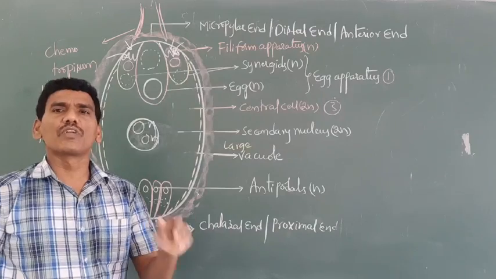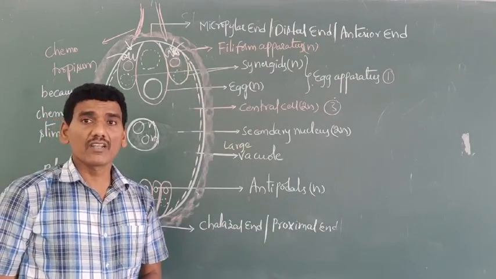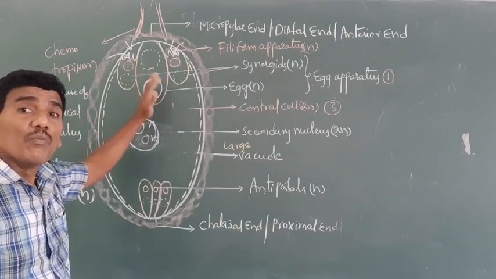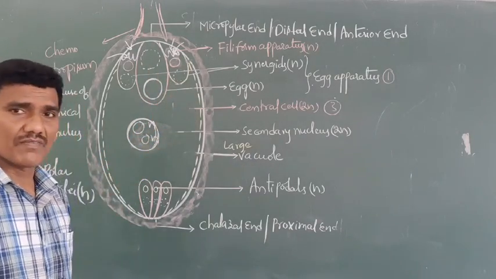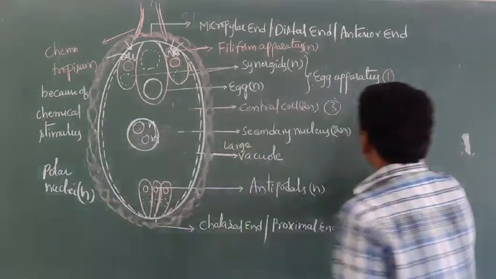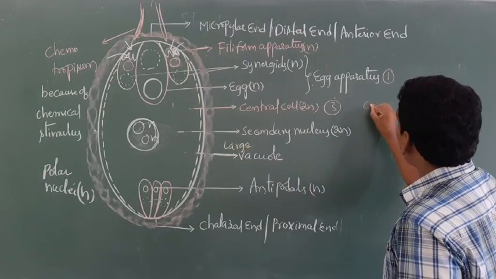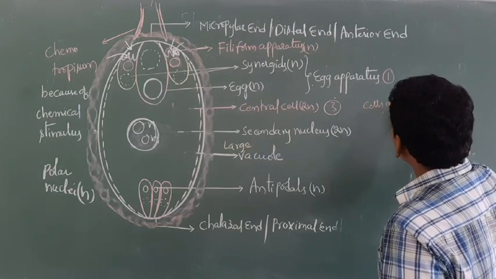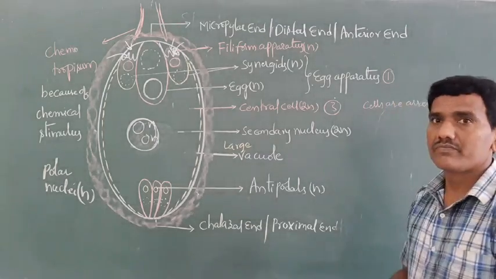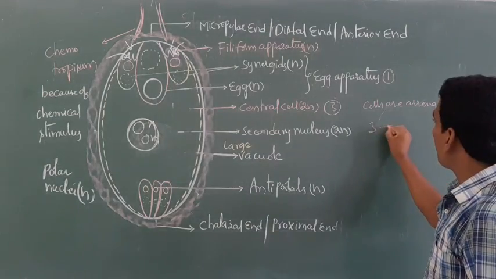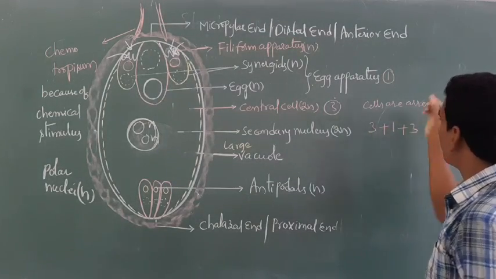Next, one more important point: how many cells and how many nuclei are present inside the embryo sac in total? The cells are arranged 3 plus 1 plus 3.